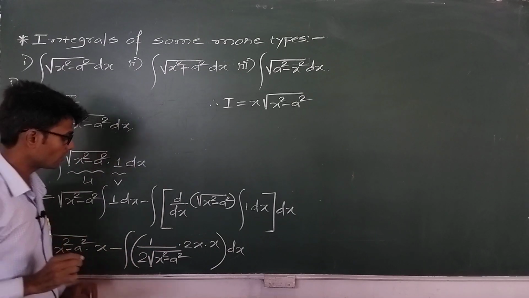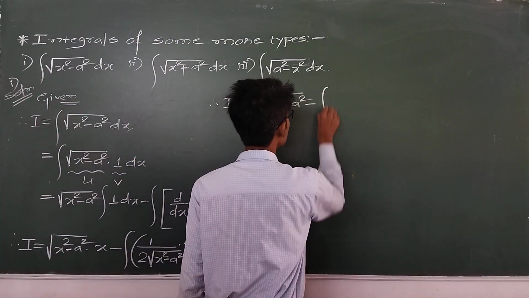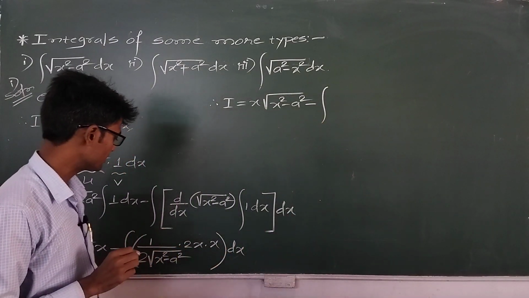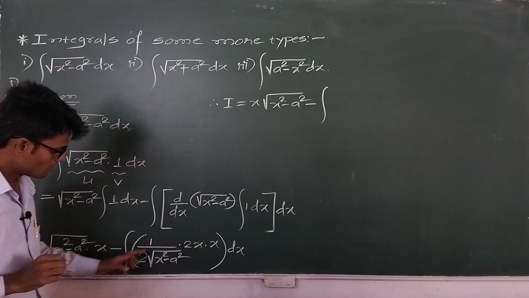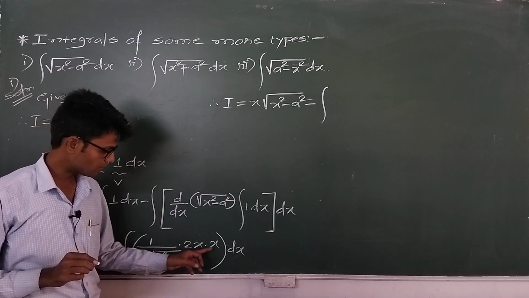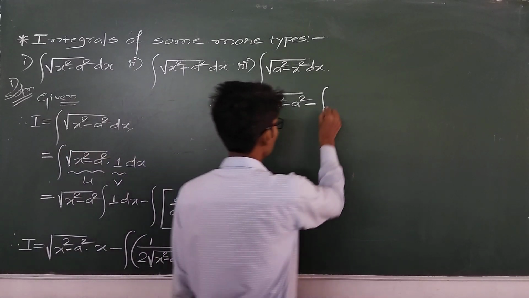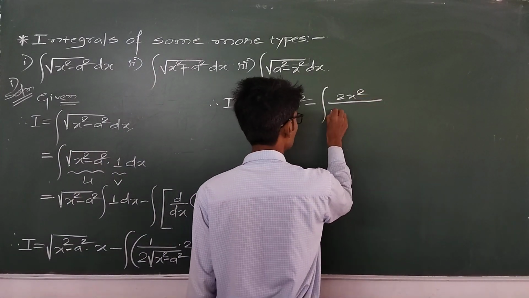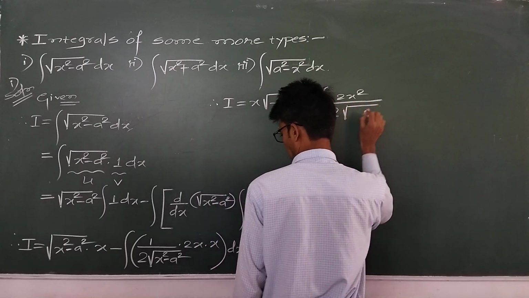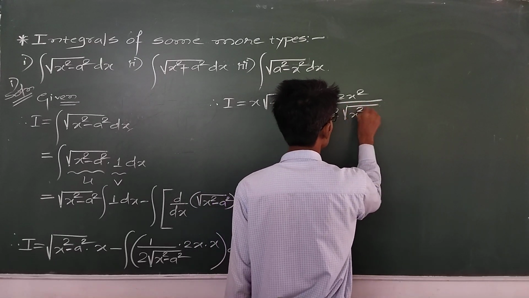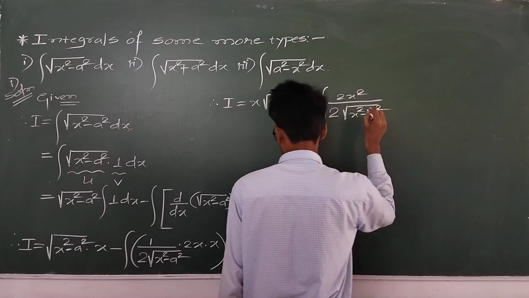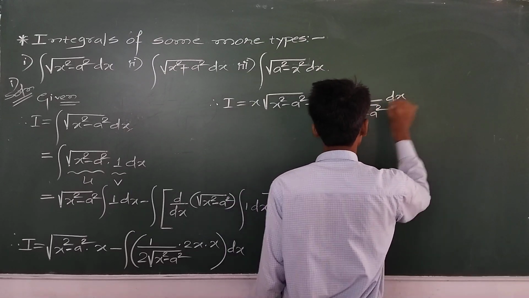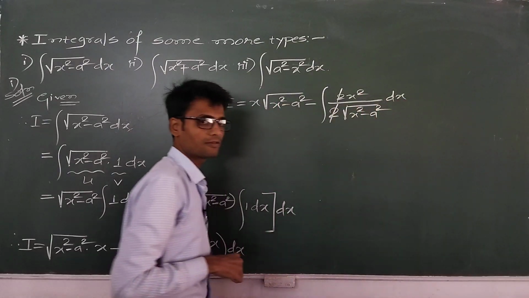Next, minus you write as it is, integrating sign also as it is. Now see, 1 into 2x, 2x into x, 2x square. You write 2x square divided by 2 into square root of x square minus a square and into dx you write. This 2 gets cancelled.